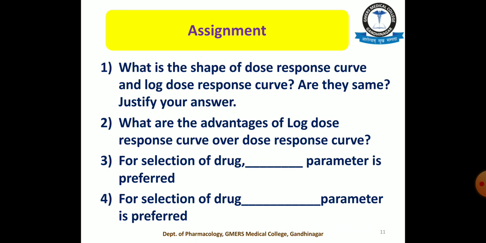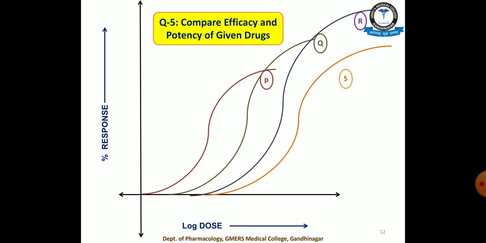And for the selection of the dosage of the drug, which parameter is preferred? And here you have to compare the efficacy and potency of drug P, drug Q, drug R and drug S.